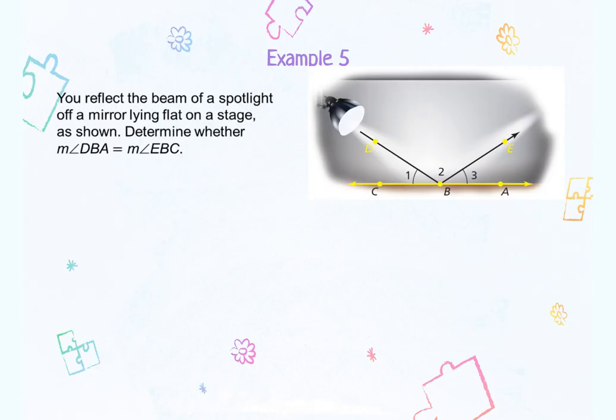All right, example 5 says you reflect the beam of a spotlight off a mirror lying on a flat stage as shown. Determine whether the measure of DBA, so DBA is this whole angle here, equals the measure of EBC. EBC is this whole angle here. Because 1 and 3 are congruent, and you can give it a value if you need it.